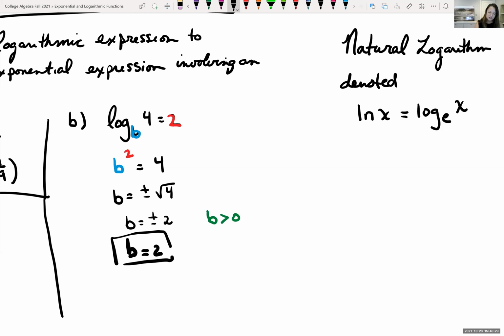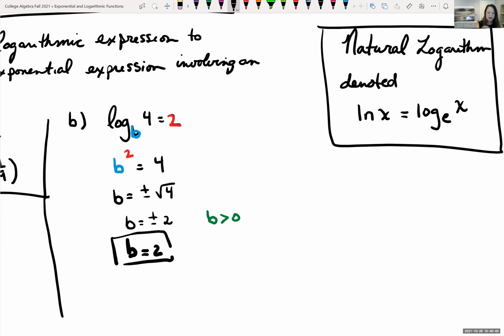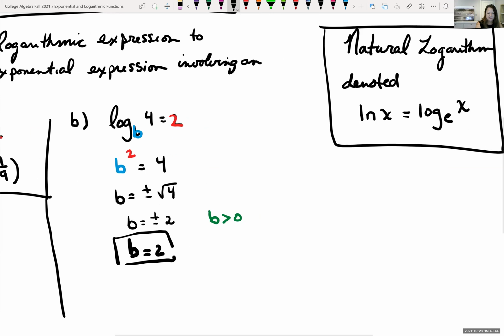So if you ever see natural log of x, we know the base of that log is e. Same stipulation, our x value has to be greater than 0.